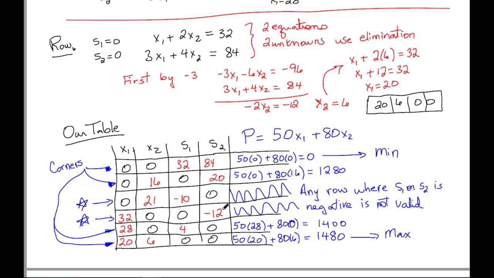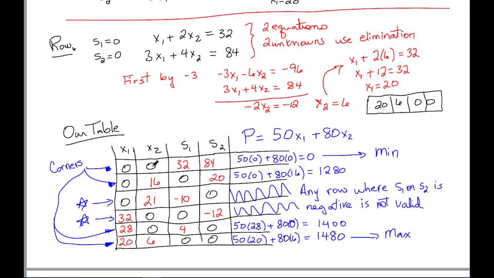Any row where your slack variables are negative, they're not valid. So they're gone. What these other rows are essentially the corners in our problem. And so if I want to maximize something, I simply now pick each of the corners and plug them in.